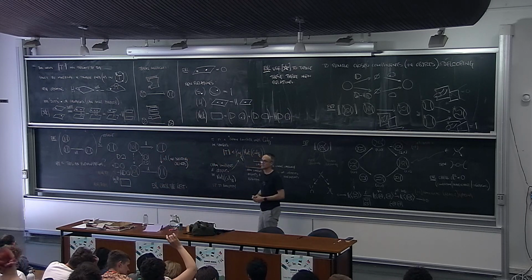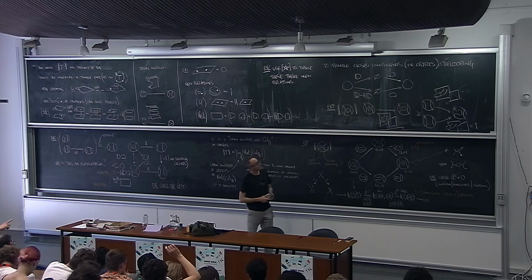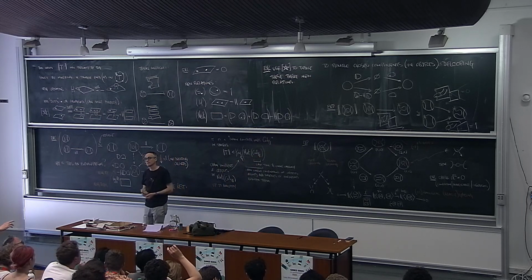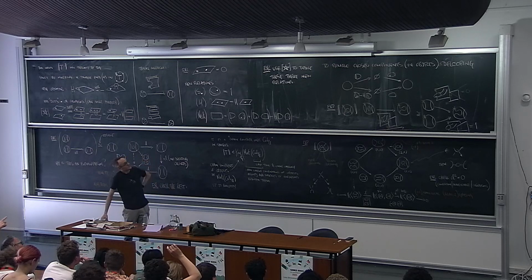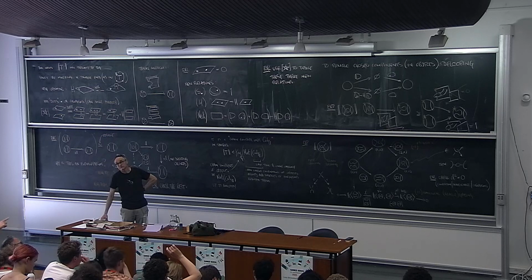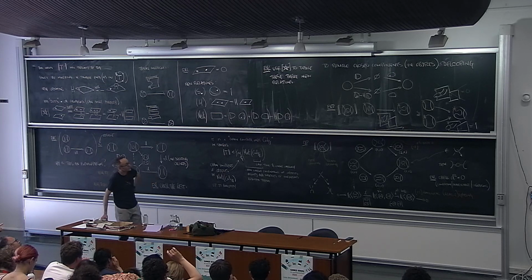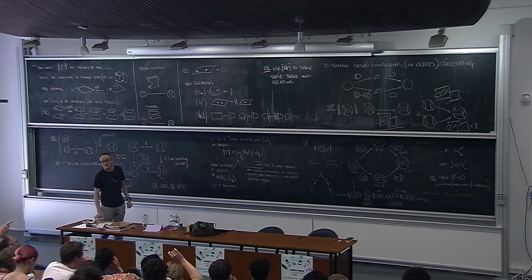Do I understand correctly that this thing up there is a composition of two morphisms? One is from a circle to a direct sum of two empty sets, and the other is a morphism from a direct sum of two empty sets to a circle. And the composition, because of this relation, is the identity in one direction, and the composition in the other direction is also the identity, because of the dot relation.